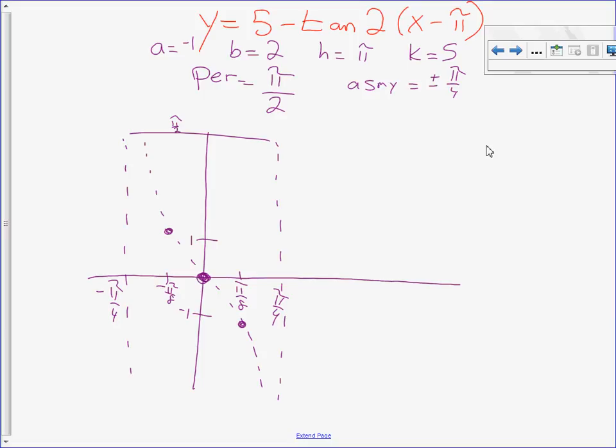The easiest set of points right away to shift is the one at the origin. What's 0 plus pi? What's 0 plus 5? So the new one is at pi and 5. That's where my new origin, if you will, is. The other ones are just repeated points now.